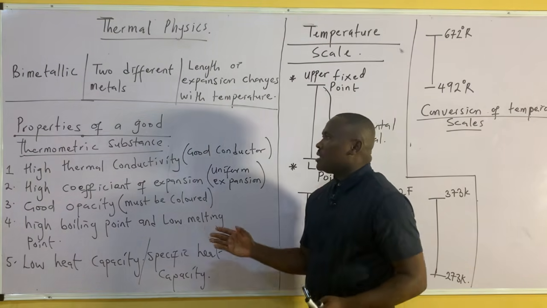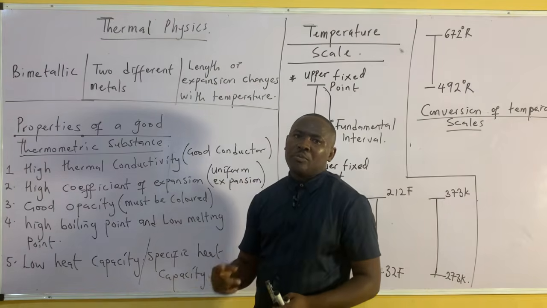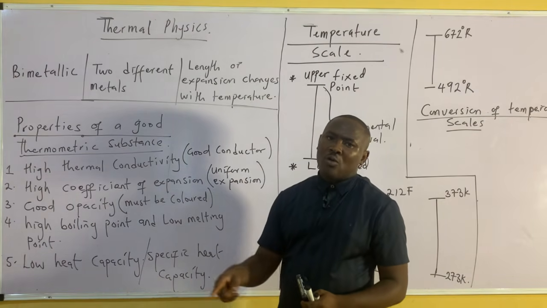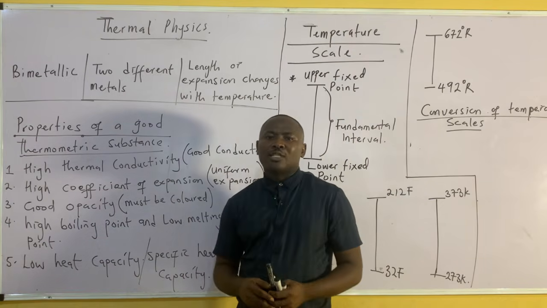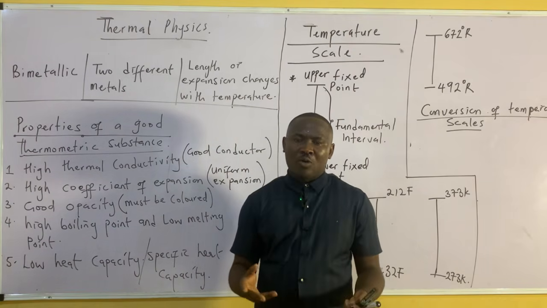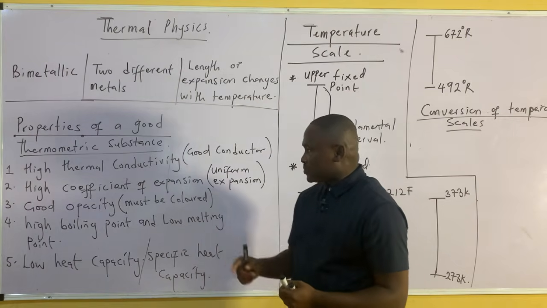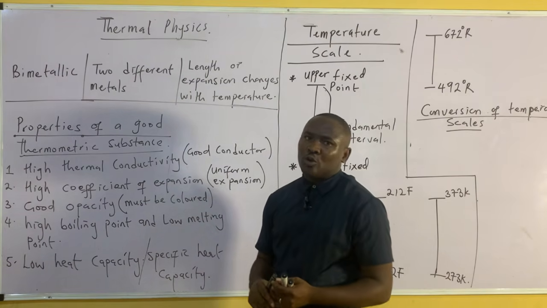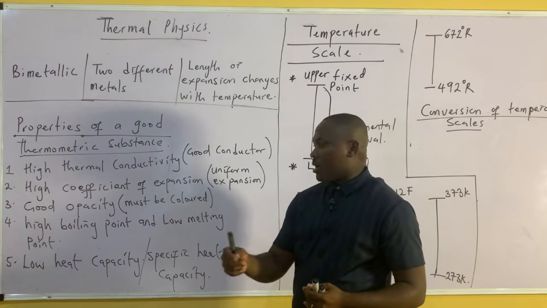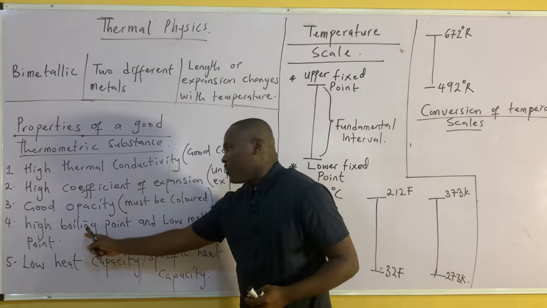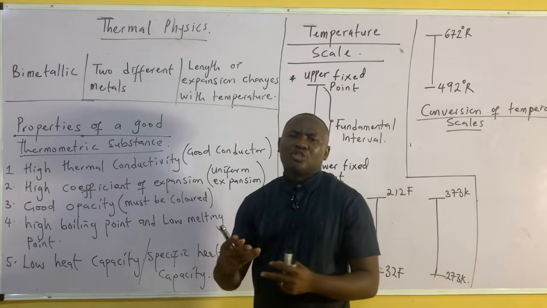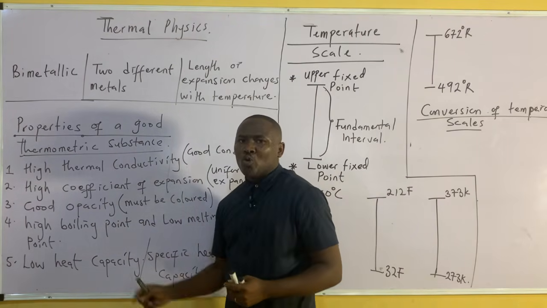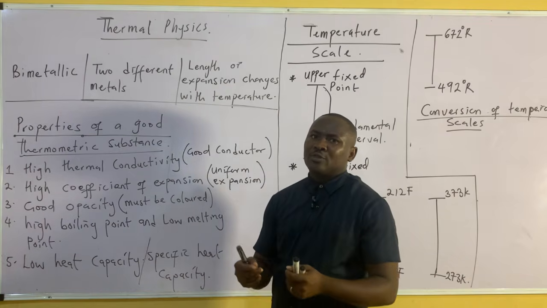Now take note, these are some of the properties that mercury has over alcohol as a liquid in glass thermometer. You may see a question like, why is mercury more preferred over alcohol? Some of the reasons are that mercury is a better conductor of heat compared to alcohol. Mercury has a high boiling point. Mercury has a good opacity. Alcohol is transparent, but mercury is opaque, more of a silver color.